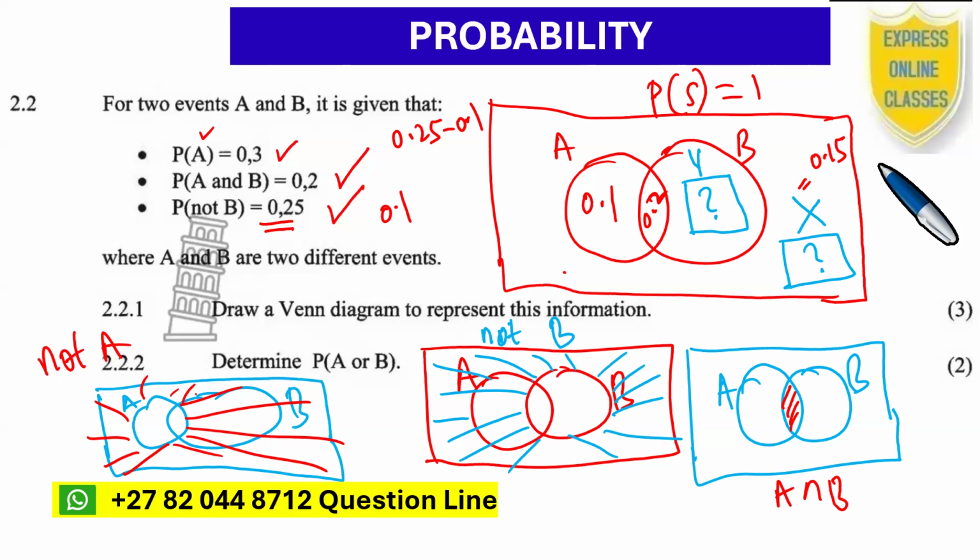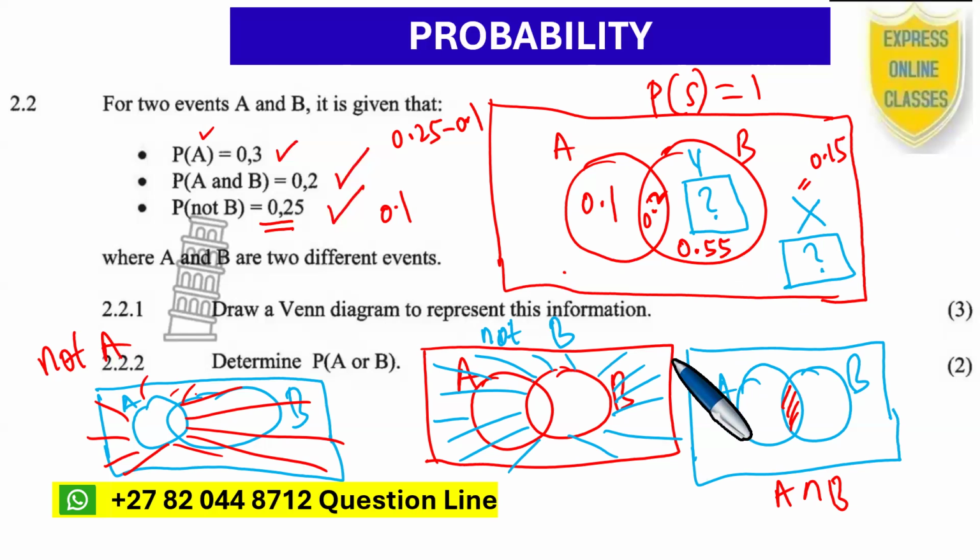I got 0.55. You got 0.55. Well done. That's correct. How did you get 0.55? Just curious because you got the correct answer.